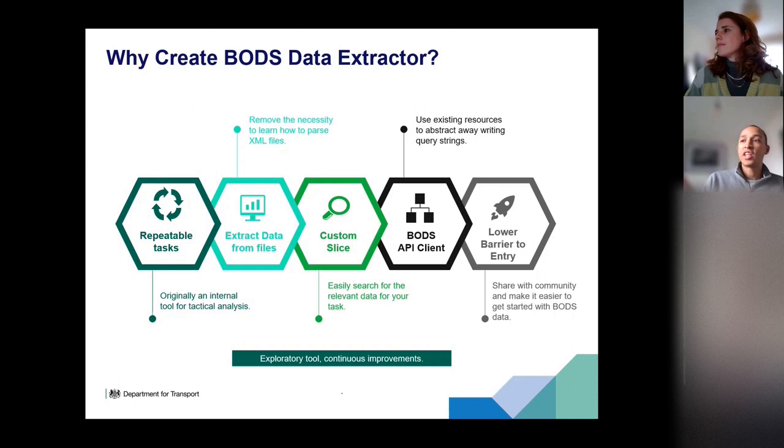And then this is a separate tool which just makes it easier to use the API and gather the information. You can also raise requests for that, but they are slightly different things. This is largely limited to what is available in the API, and you can request changes to this. But if it's about the core BODS platform, then I'd encourage you to go to the BODS help desk.